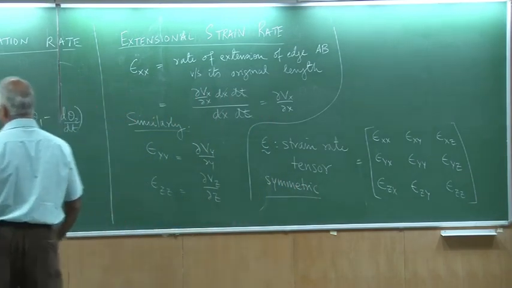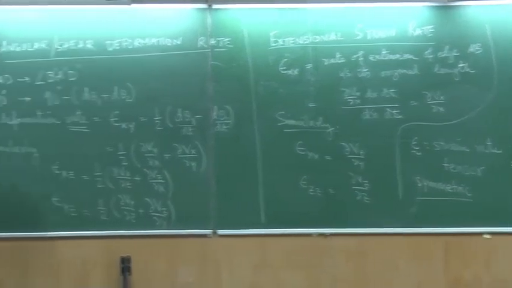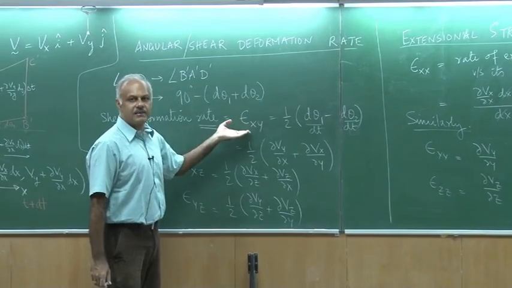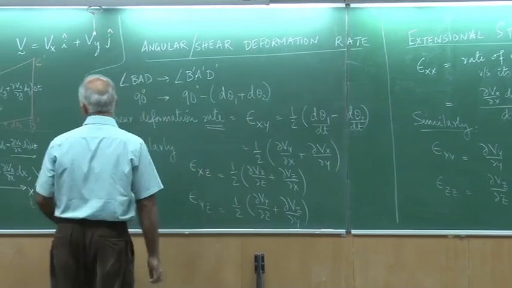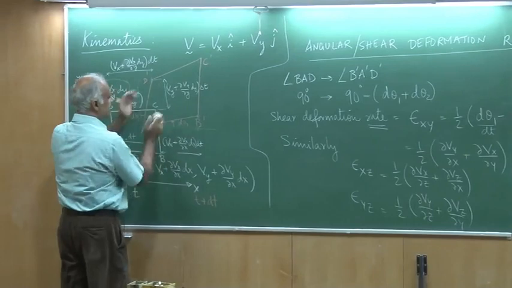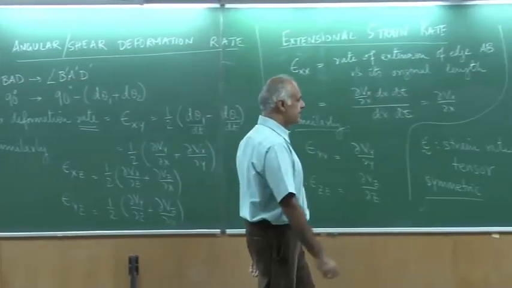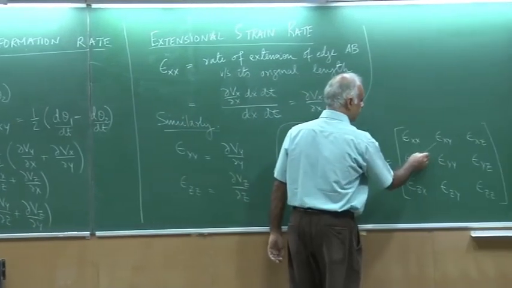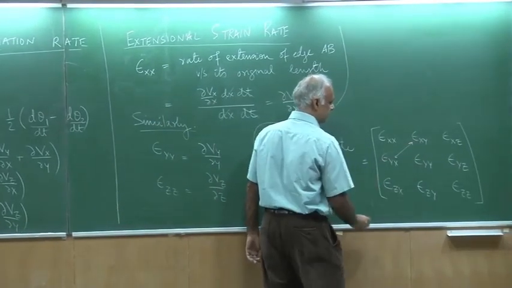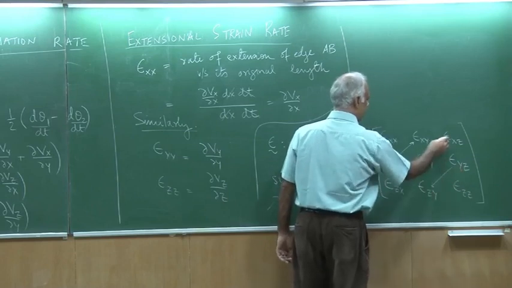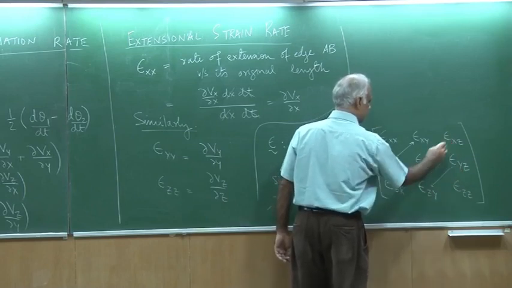In fact, that can be shown. For example, the shear deformation rate Exy would be exactly the same as Eyx, because we have actually calculated this as the average deformation of the element. So, because it is symmetric, these two quantities are same, these two quantities are same, and as you know, this one is same as this.